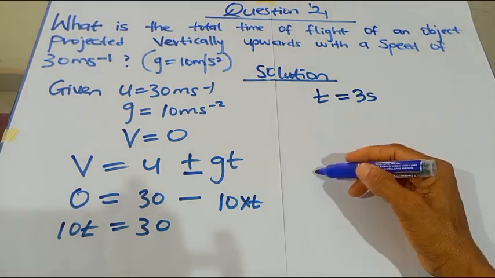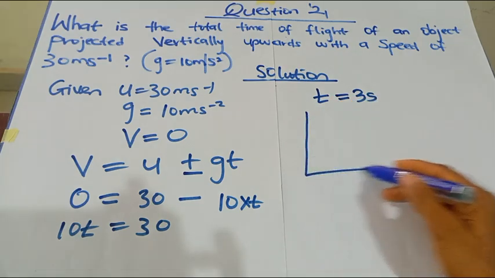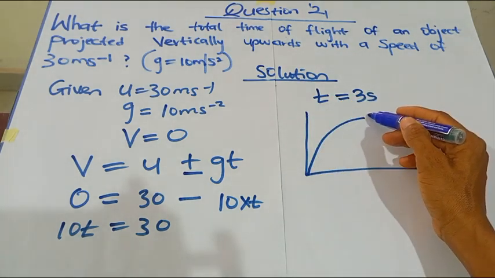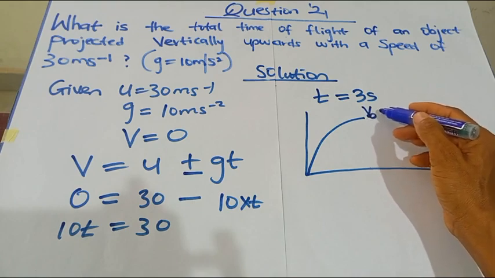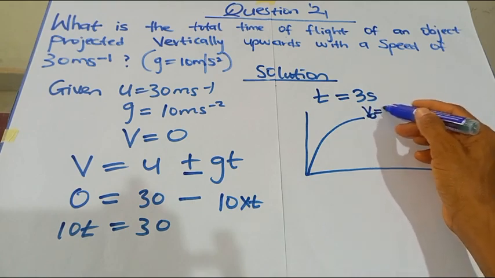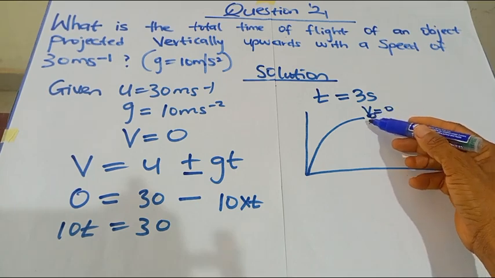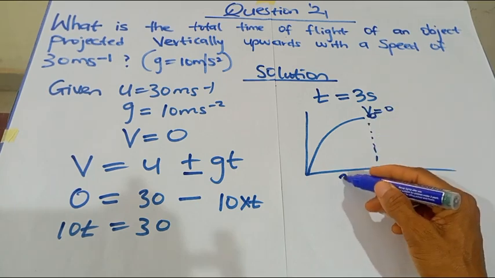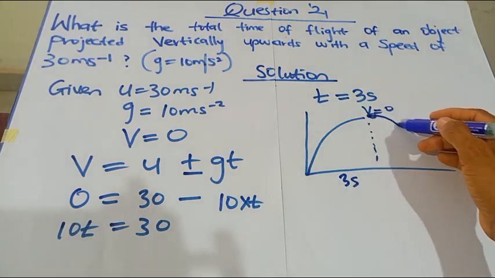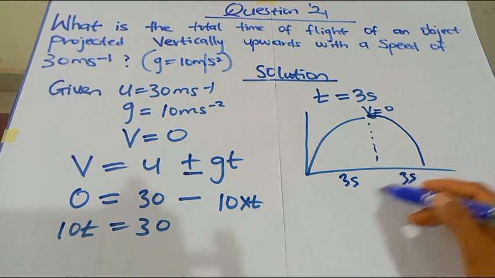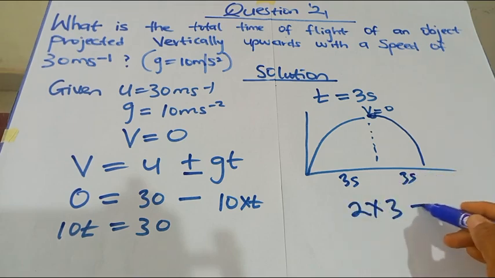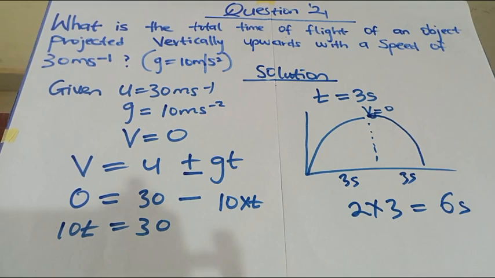Remember that we just calculated the time to reach the point where v is 0. At maximum height, v is 0. So we have gotten the time to be 3 seconds. Then the total time will be 2 times 3, which is 6 seconds. So our final answer will be 6 seconds because we are getting the total time of flight.